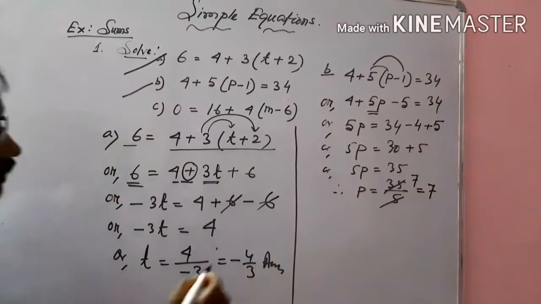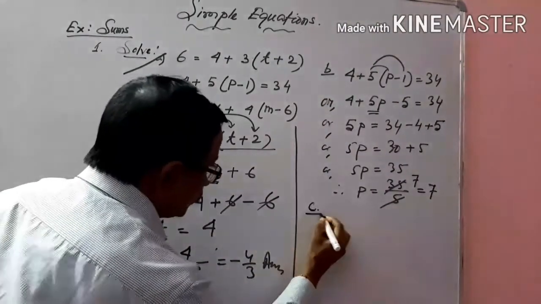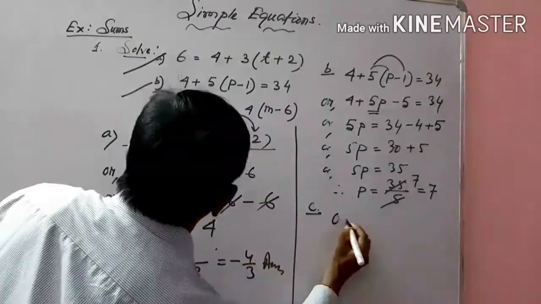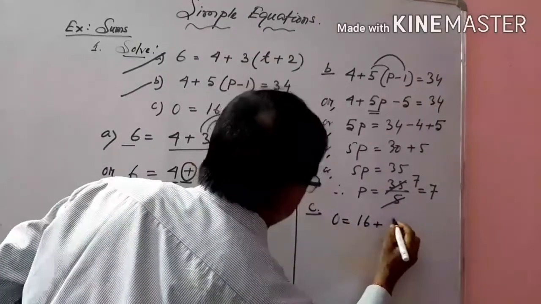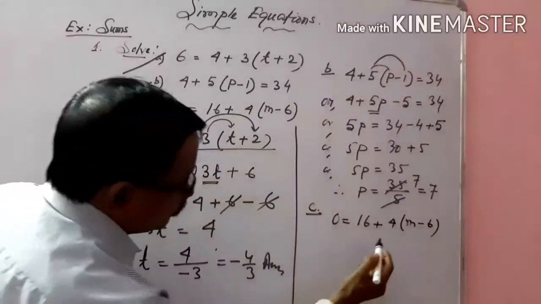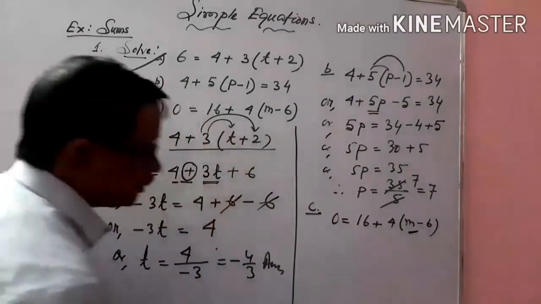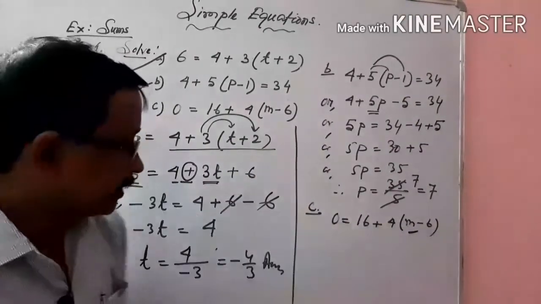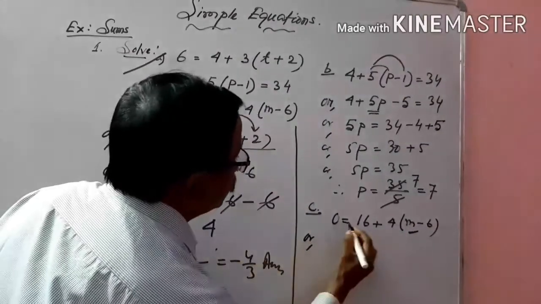Then I am showing the next one on the same page. 0 equal to 16 plus 4 into (m minus 6). What do we have to find in this equation? We have to find m, because m is the unknown variable.